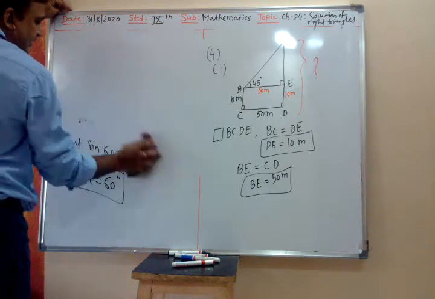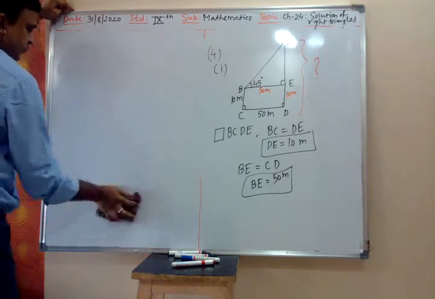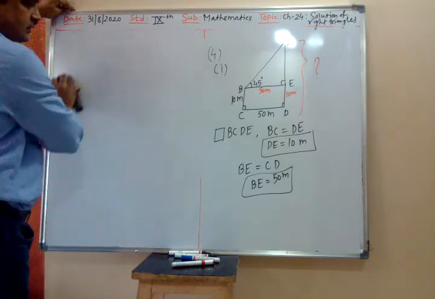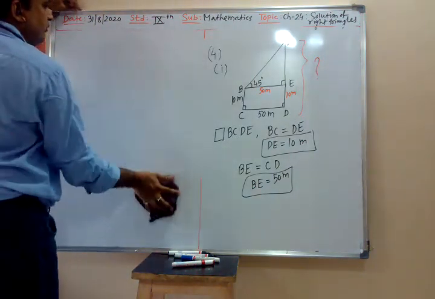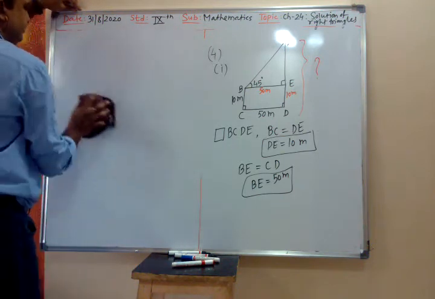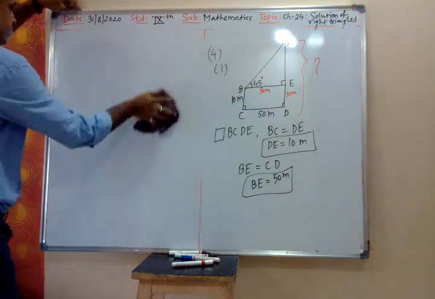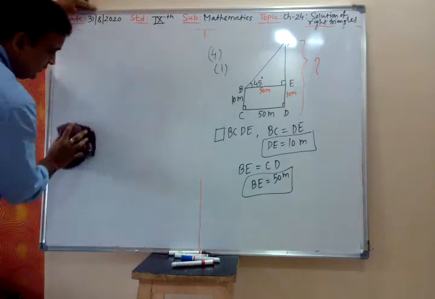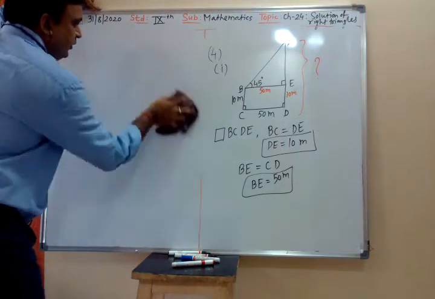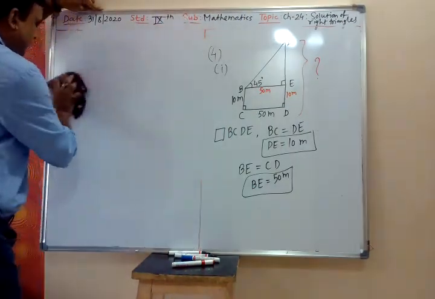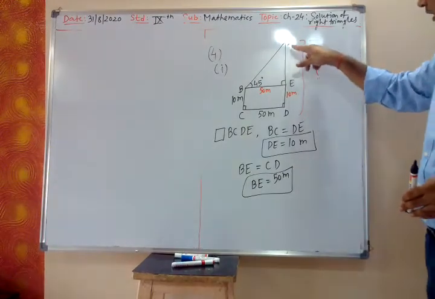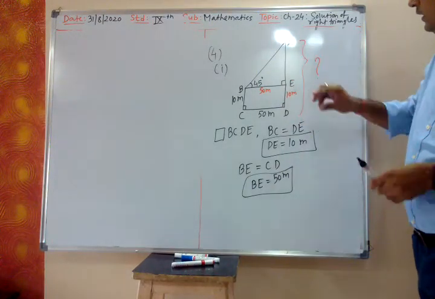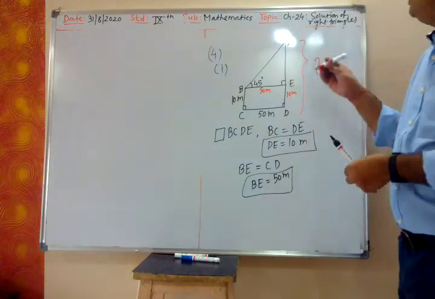For AD, what is AD? Yes, tell me, what is AD? AD is DE plus AE. So this AE we have to find.